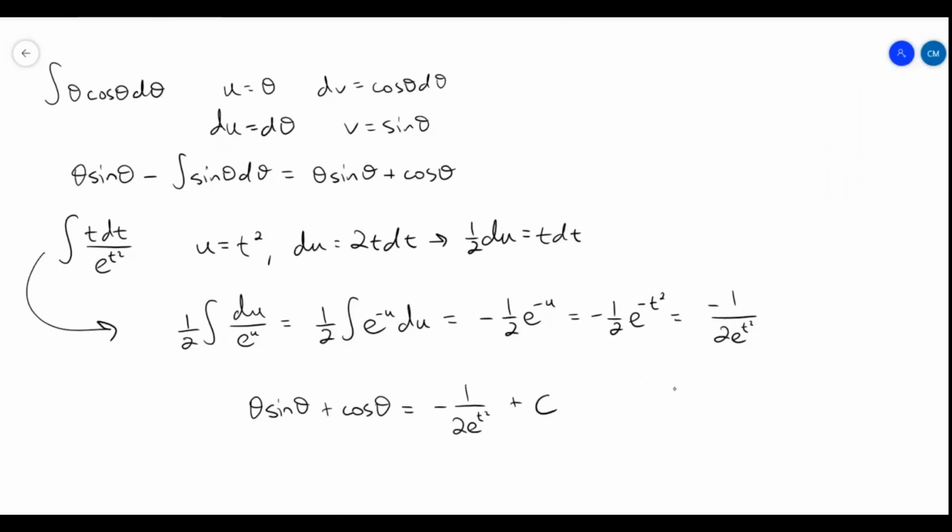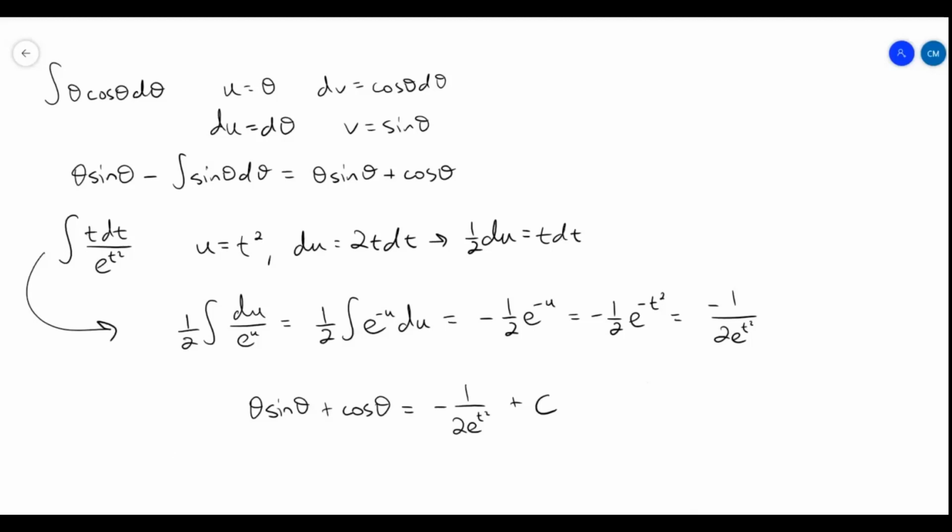All right, now if we notice, what we did on that first problem is we tried to solve it for y equals some function of x. Here the dependent variable is theta and the independent variable is t, but if you look at this equation, there's really no hope of solving this for theta.